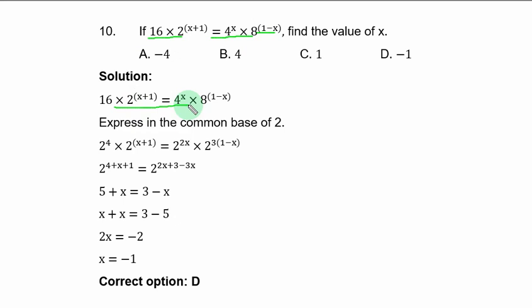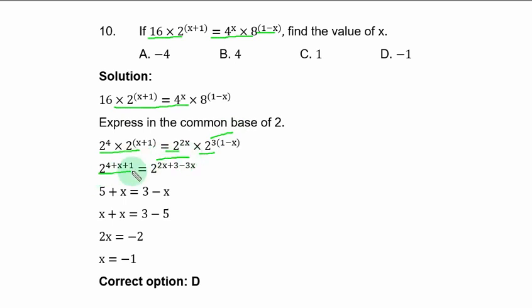You express 16, 4, and 8 as base 2 in this form. You apply the law of multiplication of indices, which states that when numbers with the same bases are multiplied, their powers are added. If you open this bracket with 3, you have 3 - 3S, and you add to the other power.